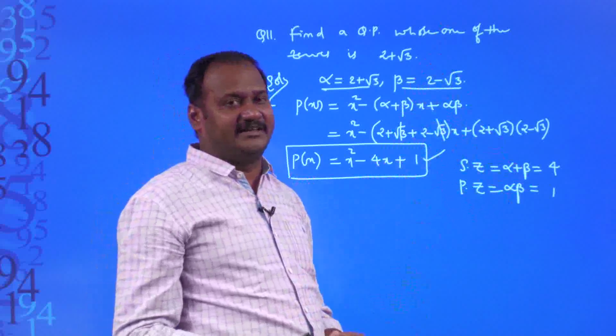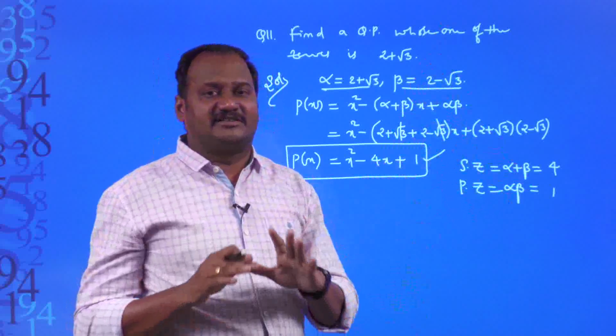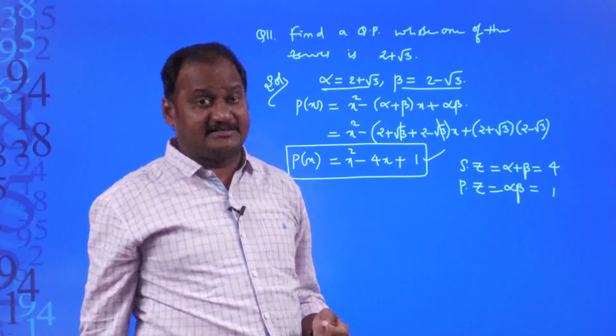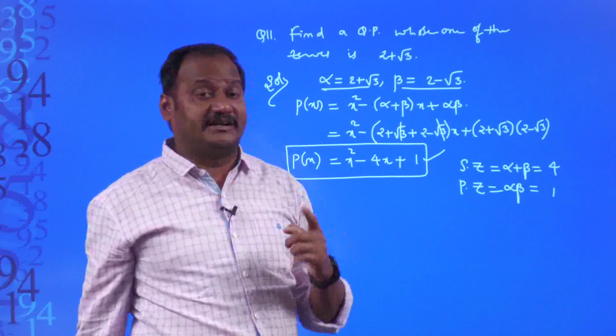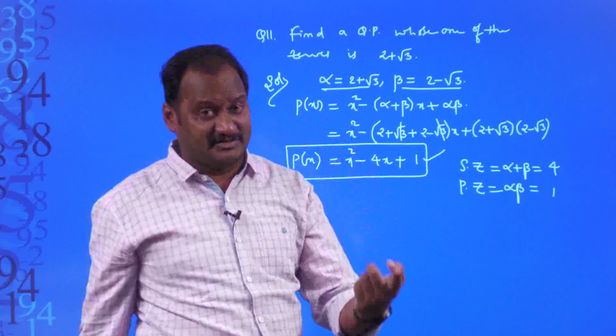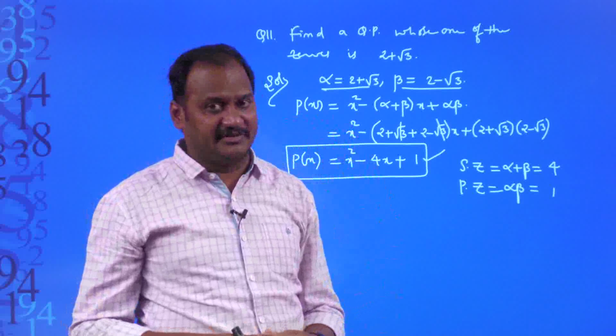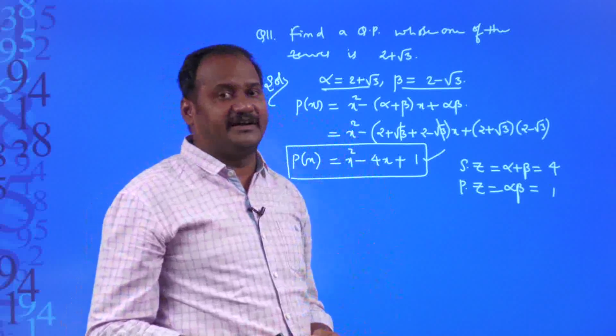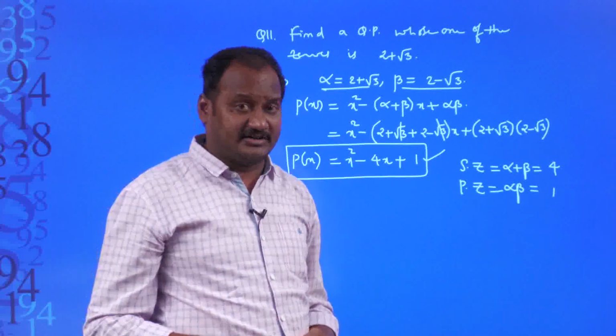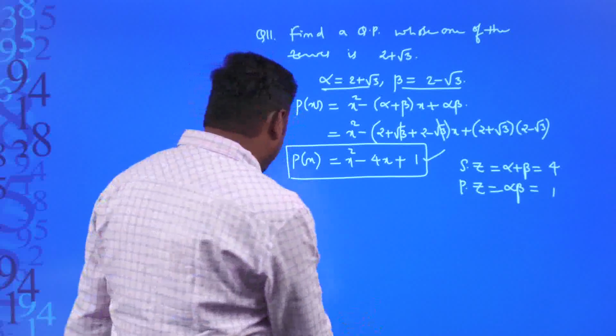But here the point is, I am not given the zeros of the polynomial, but I am going to figure out what is the sum as well as the product of the zeros. Is it really possible for me? Let me think. How to find the sum of zeros as well as the product of zeros?